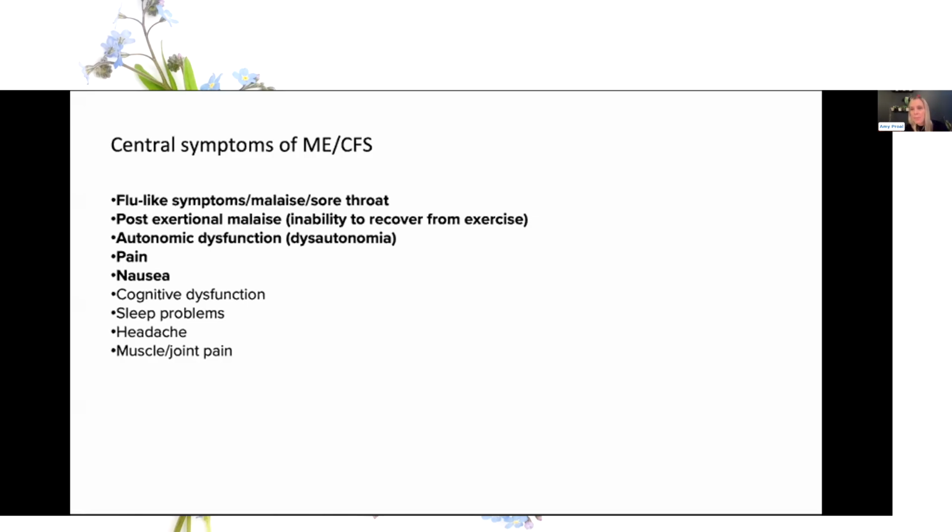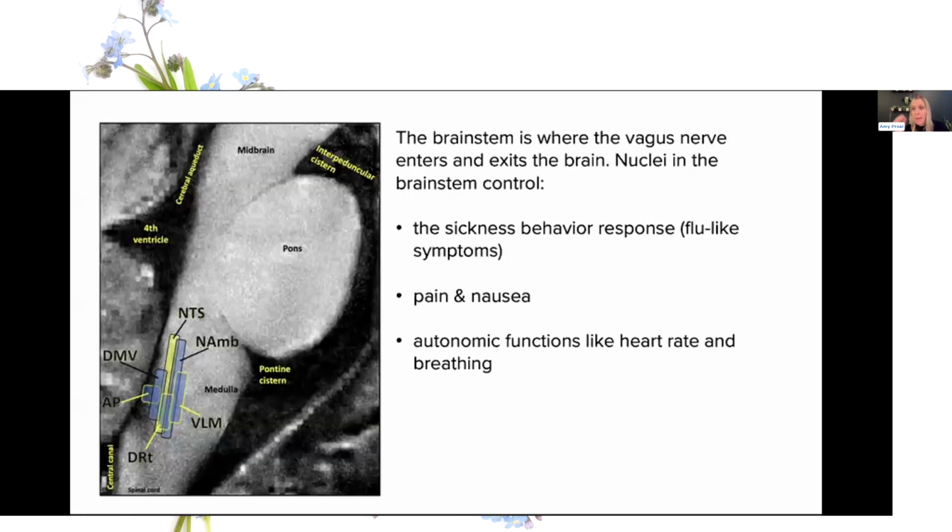But those central top symptoms that are bolded in my slide, if you look at them, I'm coming back to that area at the back of the brain called the brainstem. So this is a paper that Mike Van Elzakker and I wrote on long COVID disease mechanisms that also pertains to ME/CFS several years ago, and it's just the image from that paper. It's important to know that this region of the brain, the brainstem, has these overlapping nerve bodies in it, and you can see those as the blue and yellow bars on the image.